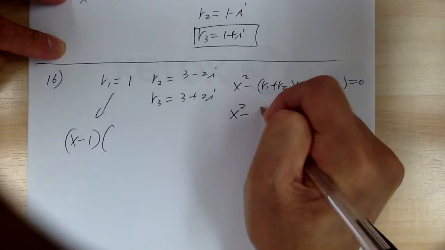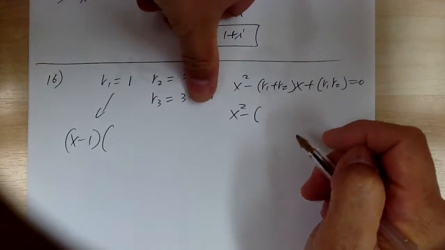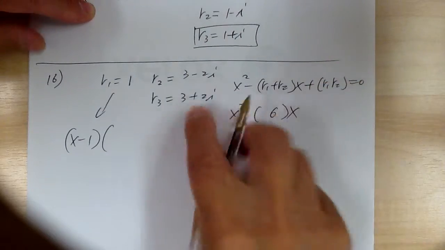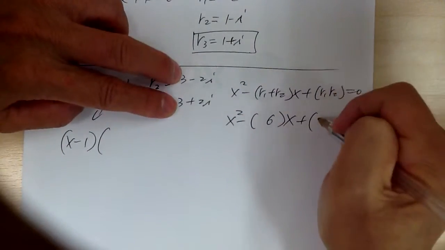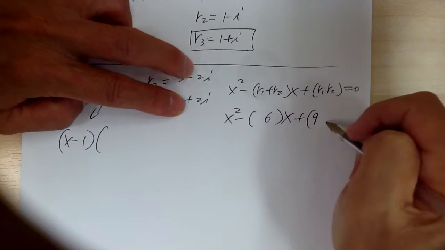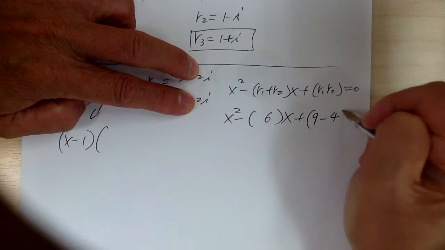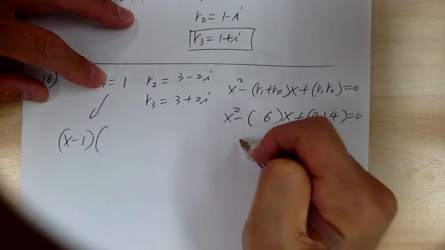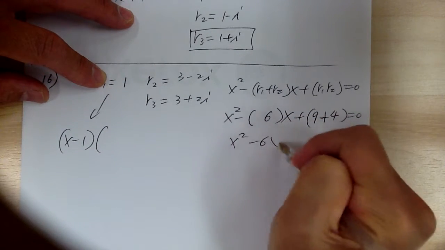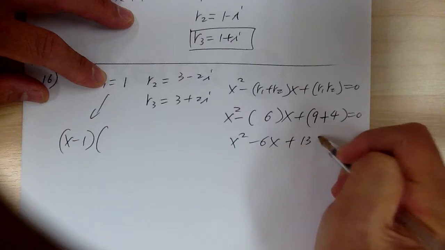So you're going to get x squared minus, when you add, this cancels out, so you get 6x. And when you multiply, this is going to be 9 minus 4, and i times i is negative 1, so this becomes plus. From here, I'm going to get x squared minus 6x plus 13 equal to 0.